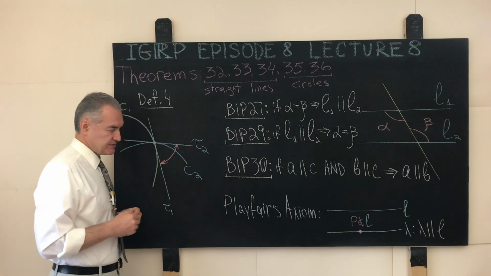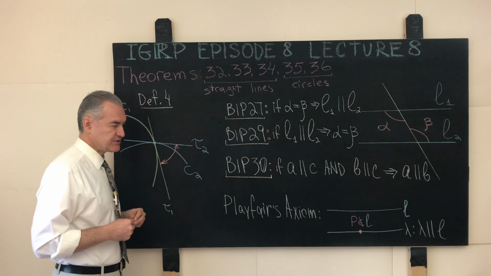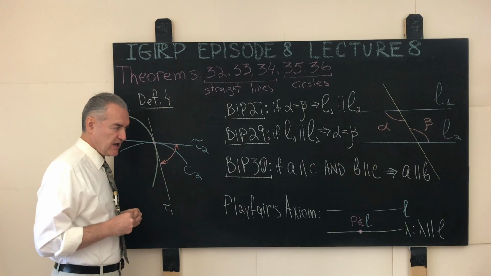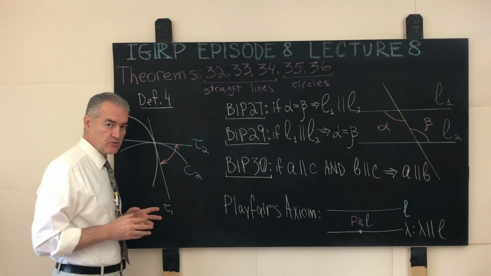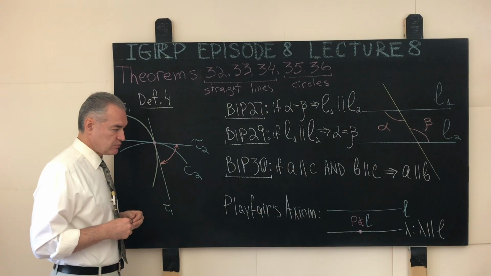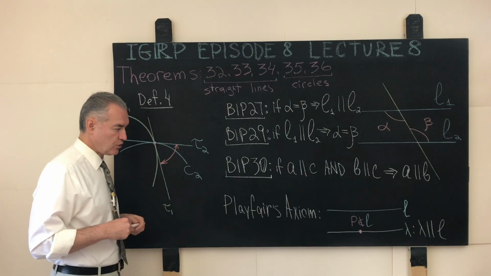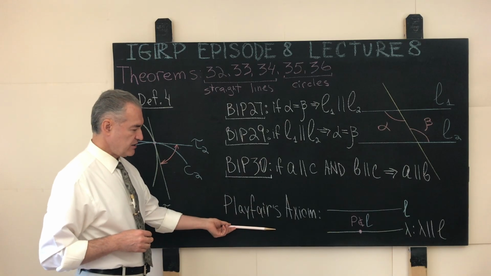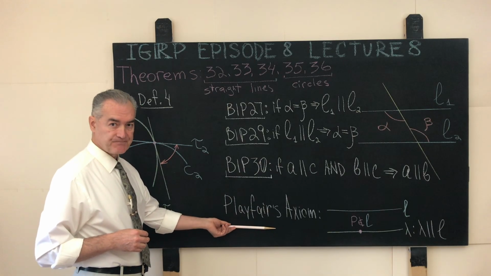Lastly, it is an option in some sense, but I would like to throw it in. You probably have heard about this axiom just because it is quite popular, especially in middle and high schools, but you probably or maybe not have heard about the fact that this axiom has a name, and it is called the Playfair's axiom.